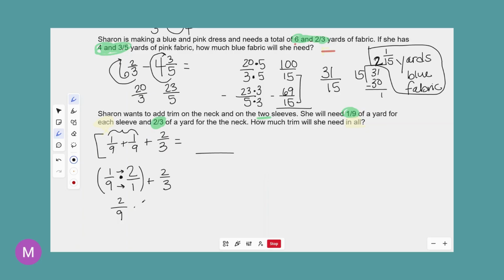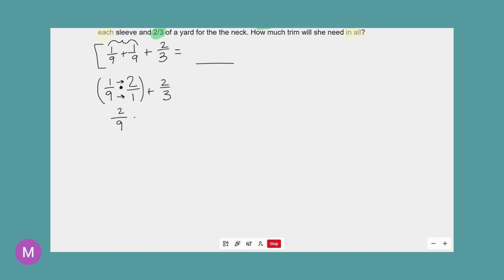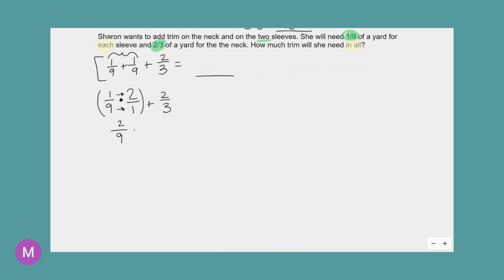And then now we add our 2/3. So I am going to set them up vertically again. 2/9 plus 2/3. All right, we do not have like fractions, so we are going to have to make equivalent fractions first. But we don't need to change this top one because we can make this one go to something over 9 because 3 times what gives me 9? 3 times 3, what we do to the bottom, we do to the top. 2 times 3 is 6.